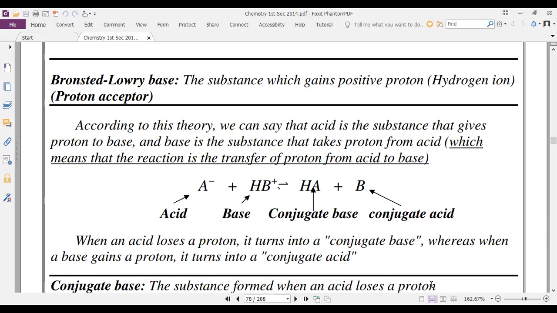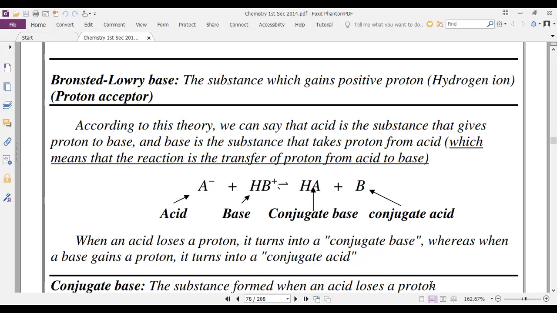Right. So try to read this paragraph from the first. Bronsted-Lowry base: the substance which gains a positive proton, a hydrogen ion, is called a proton acceptor. According to this theory, acid is the substance that gives a proton to base, and base is the substance that takes a proton from acid, which means the reaction is the transfer of a proton from acid to base.